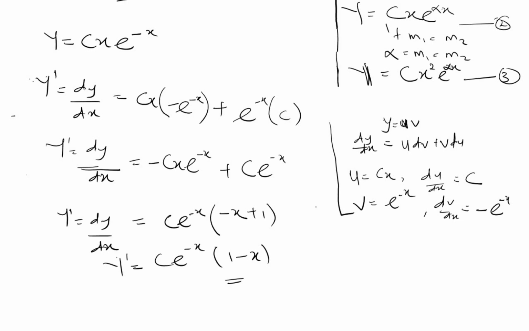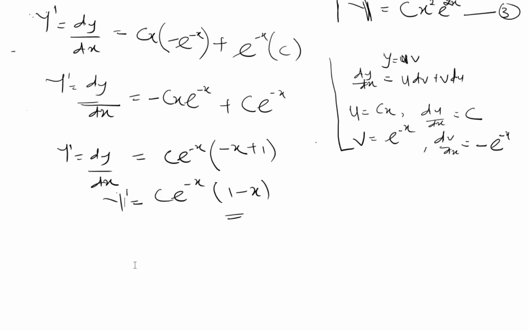This is y prime. So going to y prime prime, which is d2y by dx square, I'm going to do the same thing to differentiate c exponential of negative x multiplied by 1 minus x.